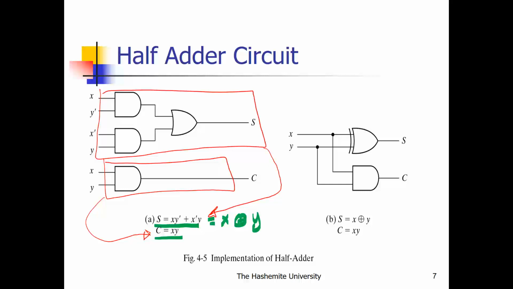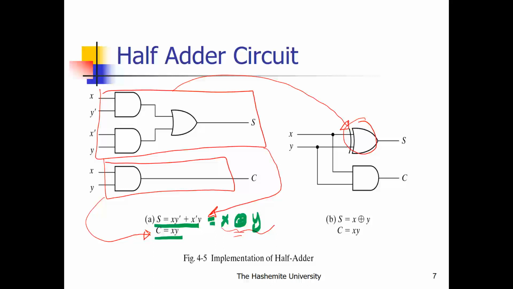We can always abbreviate the drawing by using the XOR, either in the drawing or the XOR in the logic, as illustrated here. Keep in mind, though, that this abbreviation in the drawing or in the expression does not reduce the size of the circuit. It is just merely an abbreviated form.